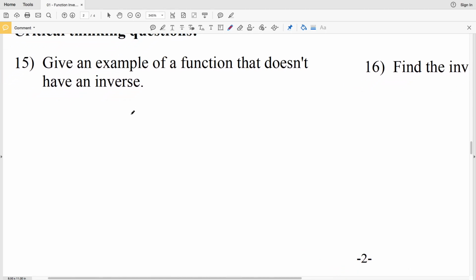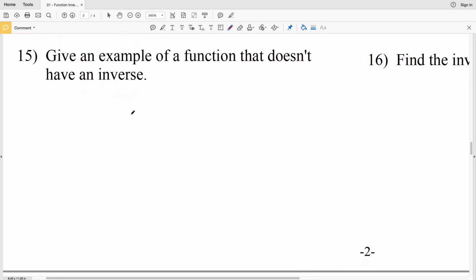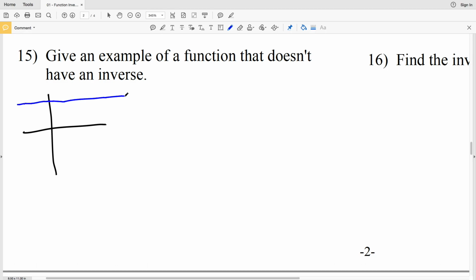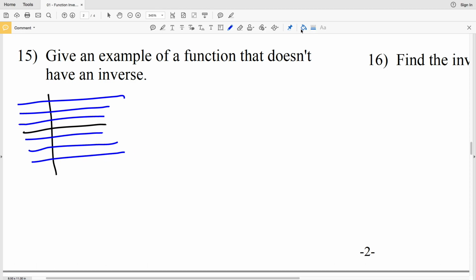Number 15 says to give an example of a function that doesn't have an inverse. And quickly, what makes a function not have an inverse? Say we have our y and x axis. In order for a function to have an inverse, it must pass the horizontal line test, meaning that a horizontal line will only ever intersect at one point.